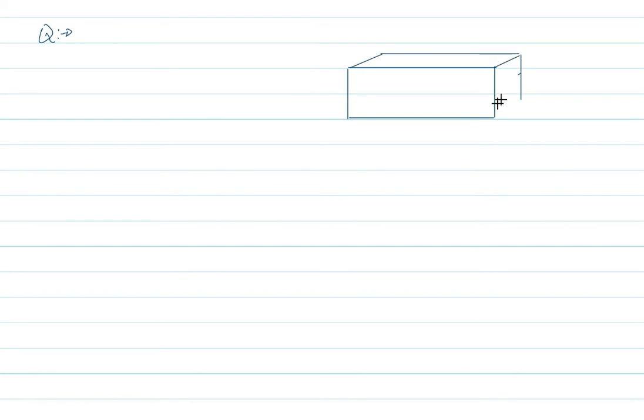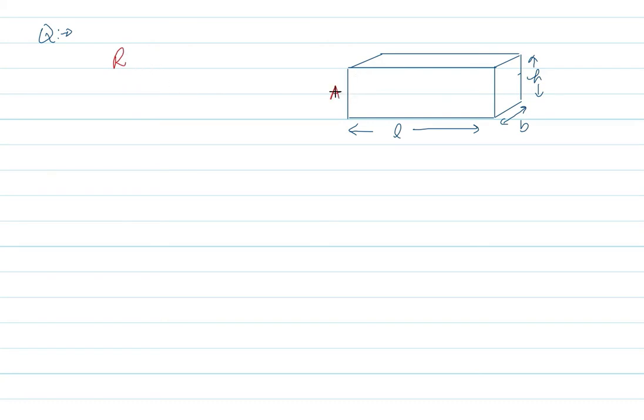Suppose this is the cuboid, and suppose its length is L, breadth is B, and height is H. Now see what we are supposed to find. We are supposed to find the resistance ratio.